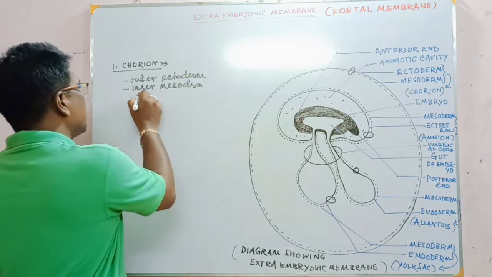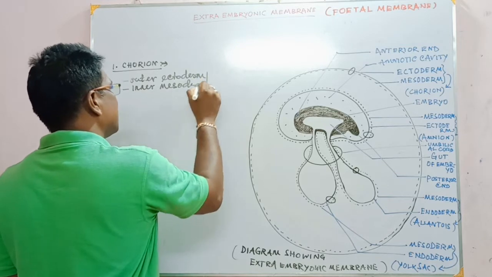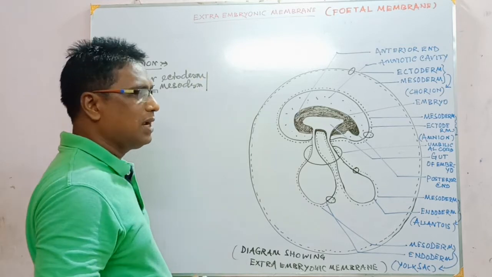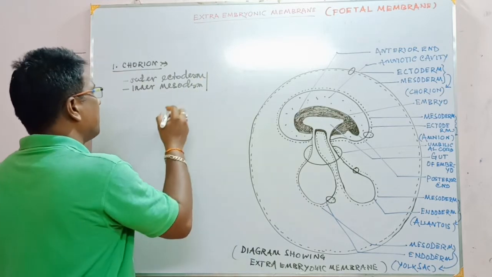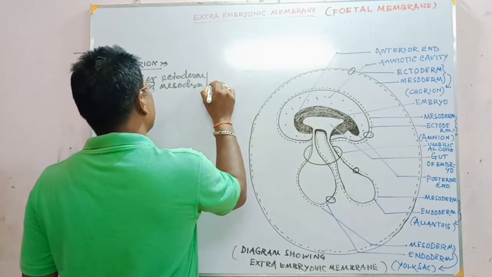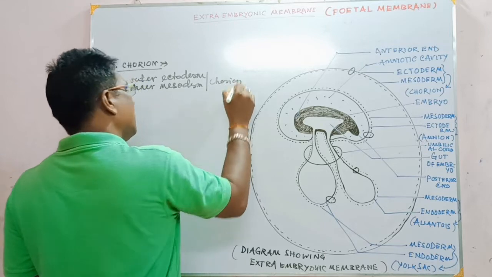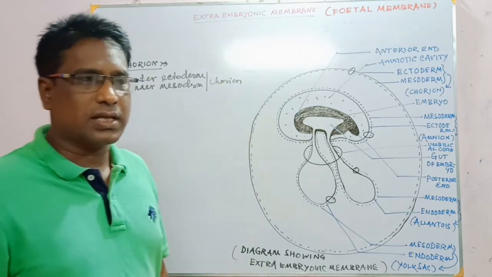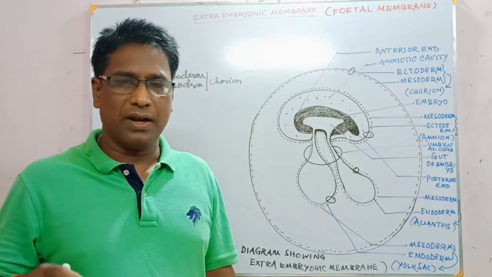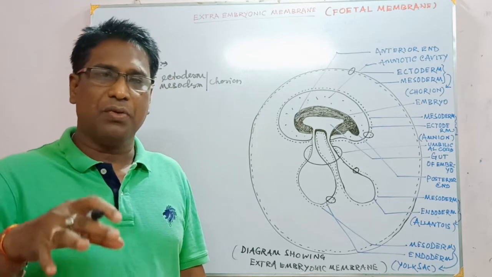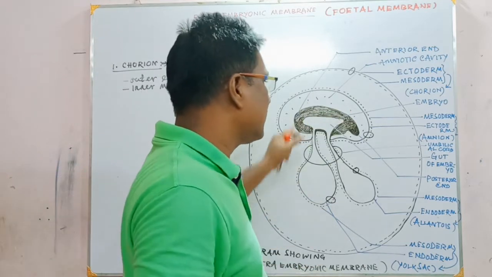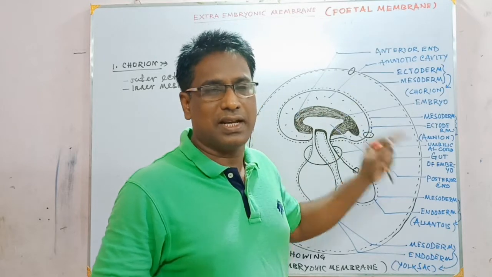By the fusion of these two layers, the outer ectoderm and inner mesoderm, they combinedly form the chorion. It is the outermost extra embryonic membrane which protects the embryo as well as other additional membranes present in it.